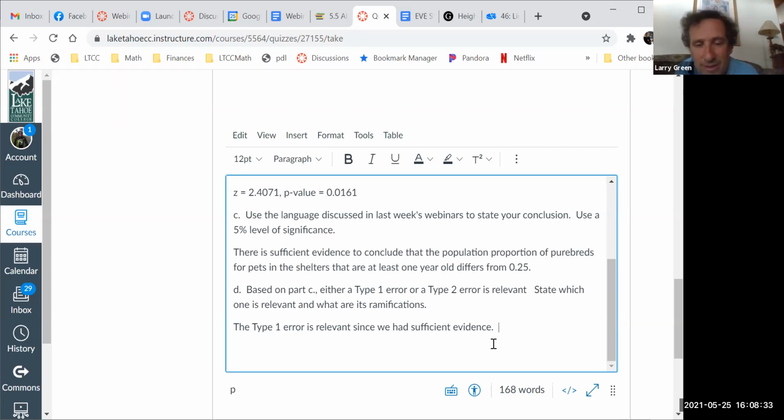So the problem is that, let's say, these shelters will not advertise that 25% of their older dogs or older pets are purebred.